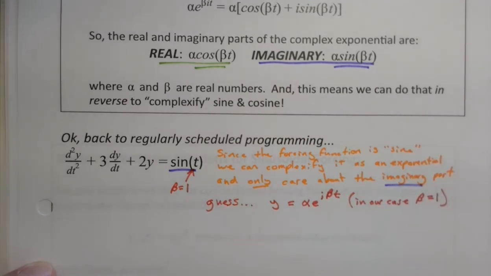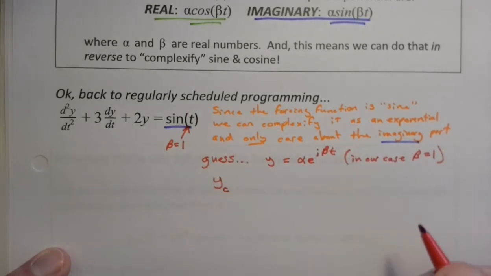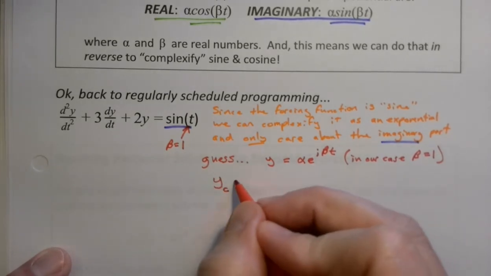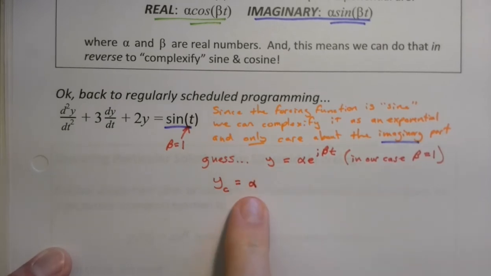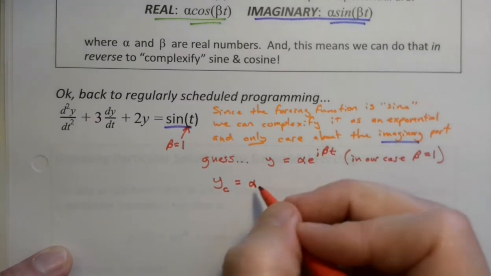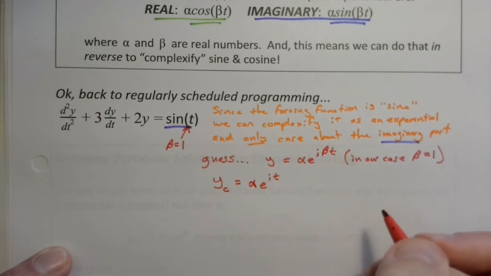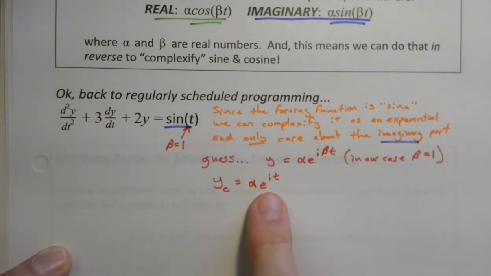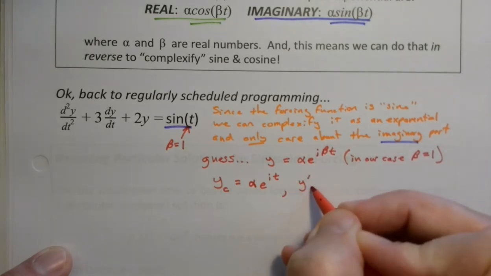And so we're going to guess a function, and we're going to call this our complexified solution. It's going to look something like this: some constant alpha, and notice I say constant. I don't know what kind of constant it is. It could be an imaginary constant, but we don't know, times e to the I t, because beta is equal to 1.